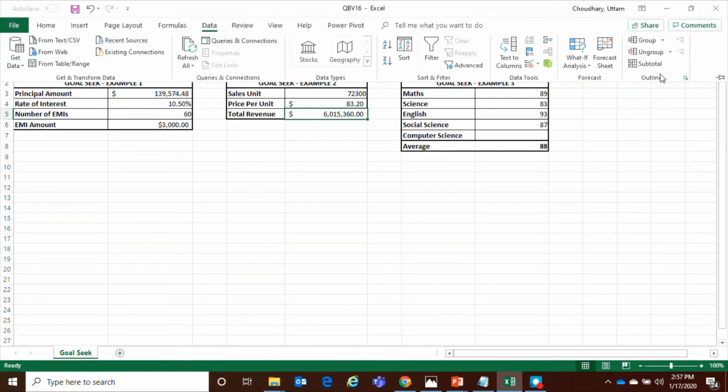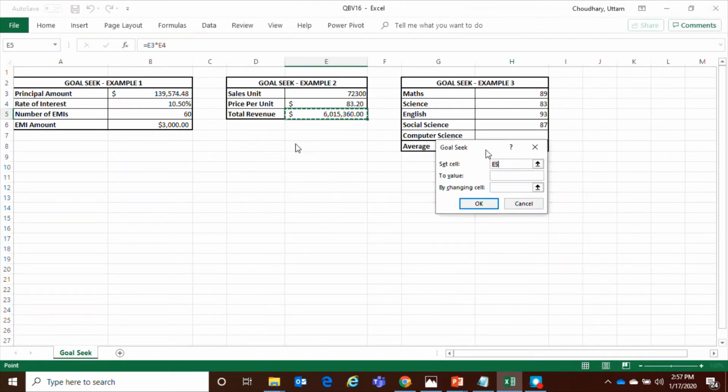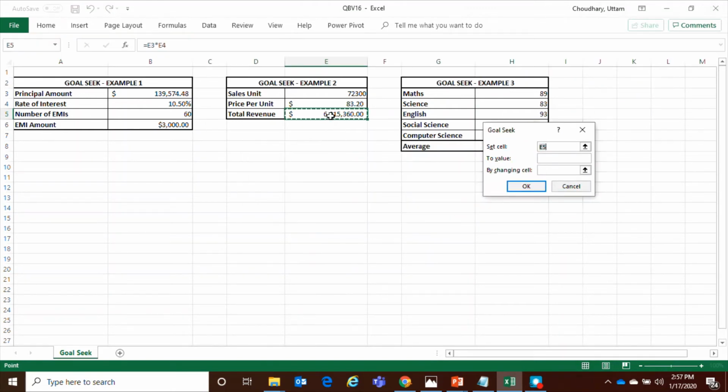But if I have to use the goal seek, I would say, okay, my total revenue at this point is this amount, and I want to turn this to about 10 million, by changing the cell with the units. What is the number of units that I have to sell by the end of the month?